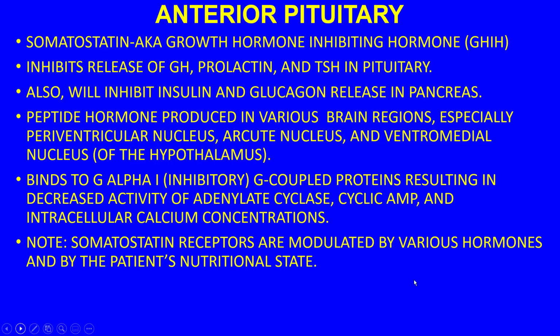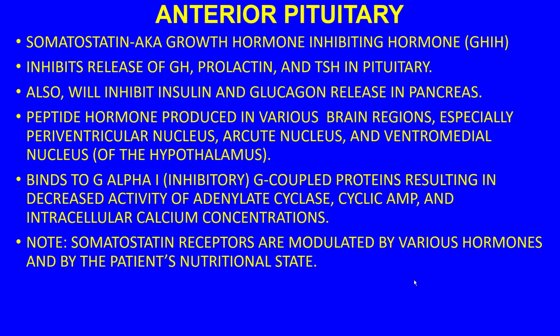Now let's go back to a troublesome little hormone, somatostatin. It's also known as growth hormone inhibiting hormone, GHIH. I say it a little bit tongue-in-cheek there about troublesome. Really what somatostatin does is it inhibits the release of growth hormone, prolactin, and TSH in the pituitary.